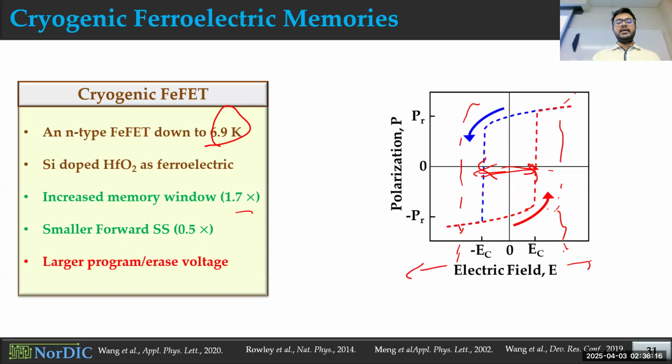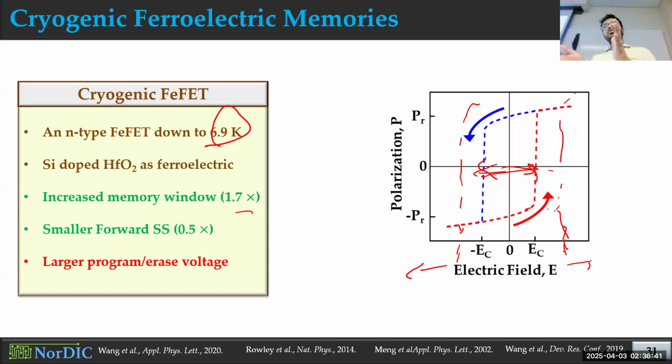These are known as the coercive voltage for ferroelectrics, or the program erase voltage for a memory system. So a larger memory window is good for reliability, but bad for the write operation. Because if you have a larger switching threshold, you will have to use a larger write voltage, a larger program erase voltage for this memory. So that will increase your write power consumption.